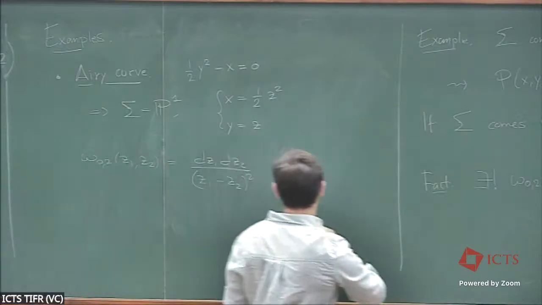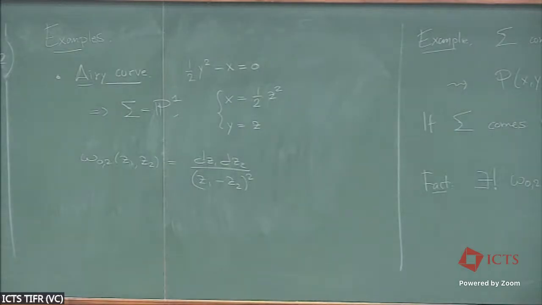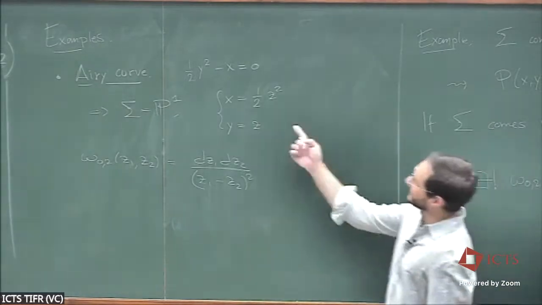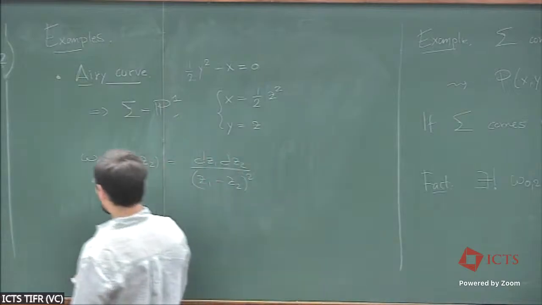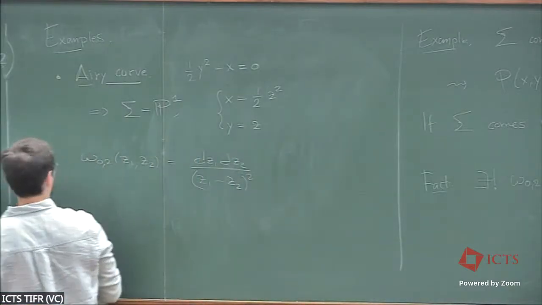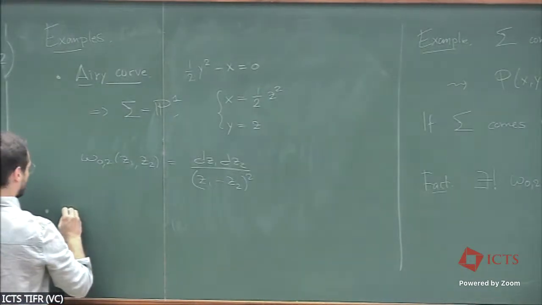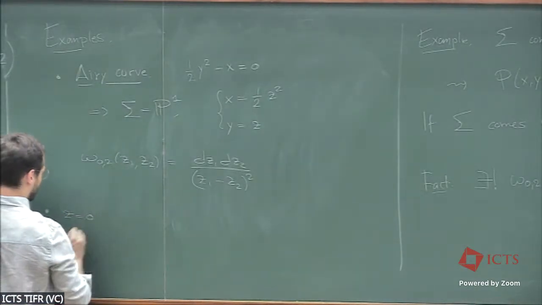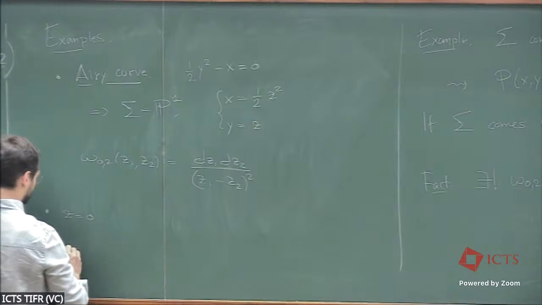And here, of course, z is the global coordinate on P1 minus infinity. Okay, that's it. So this is the Airy curve, and you can see from this expression that there are only two ramification points. So one is z equal to 0, and the other is z equal to infinity.